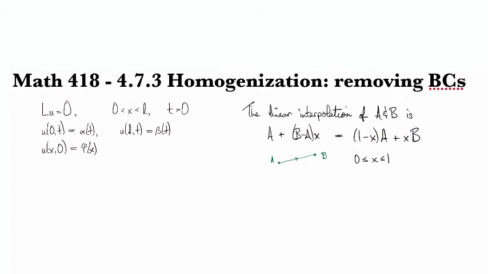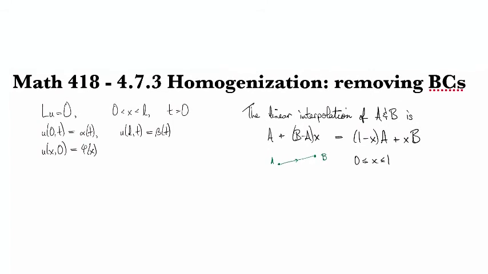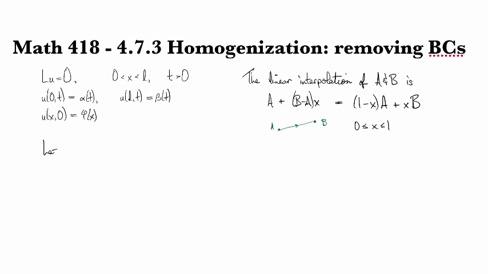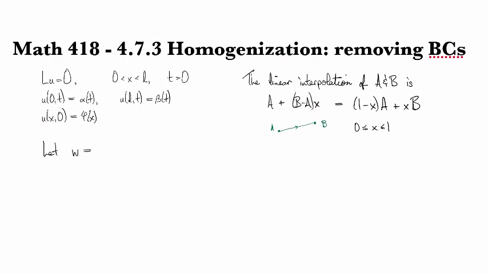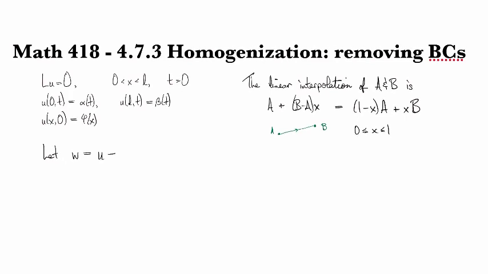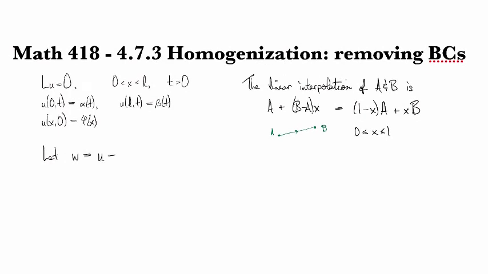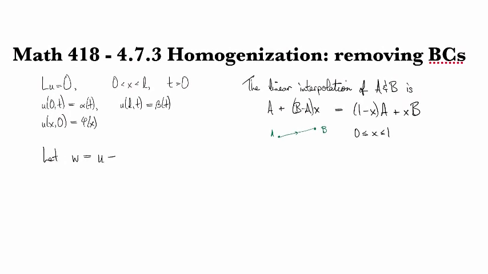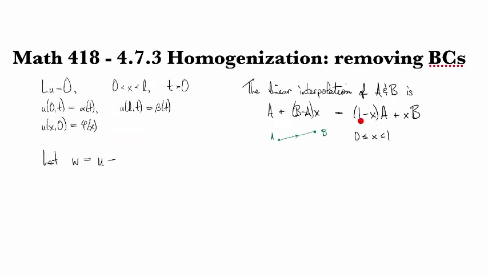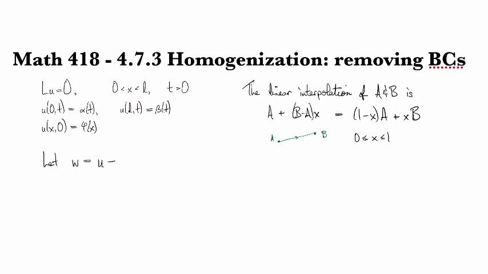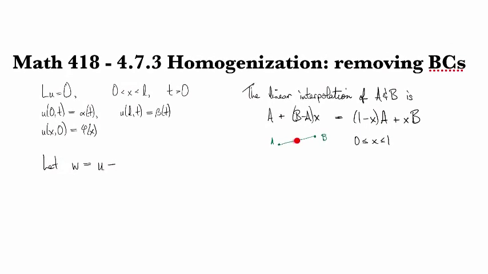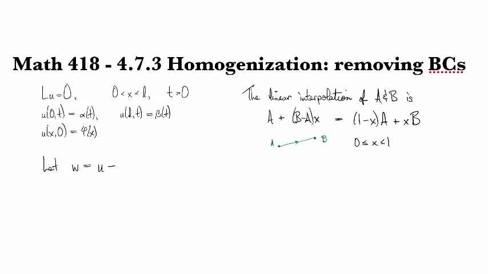So that's the idea. Okay, so then what we'll do is we'll take our new state variable w to be u minus this linear combination. It's actually called a convex combination, because these coefficients 1 minus x and x add up to 1. So that means you get a point between A and B as long as x is between 0 and 1.